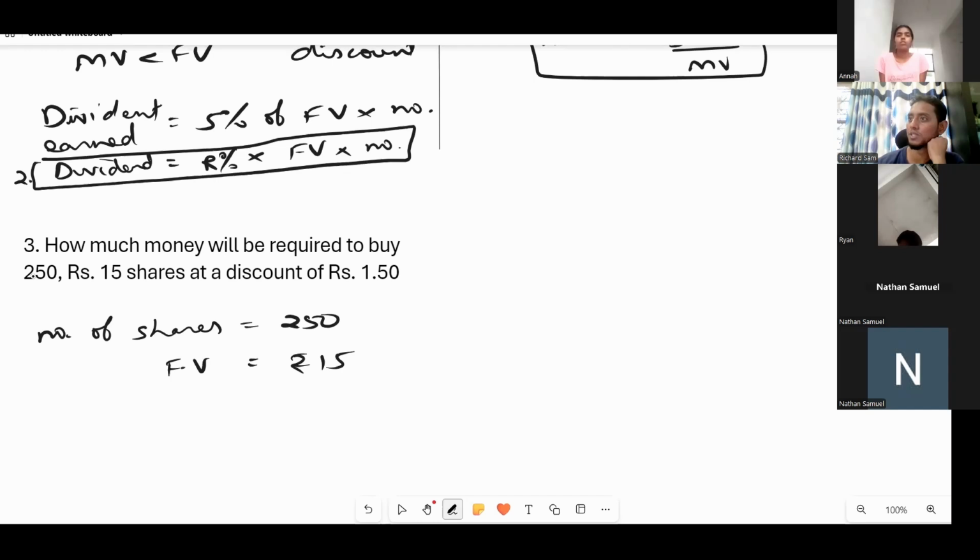Discount of 1.5 rupees means the market value is low. You have to minus 1.5 from 15. 15 minus 1.5 is 13.5. This is the market value.